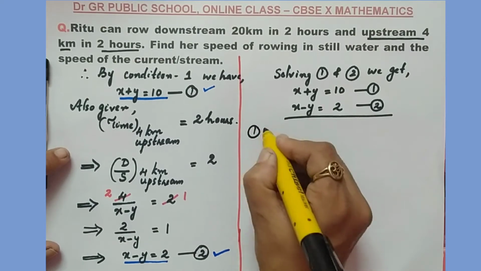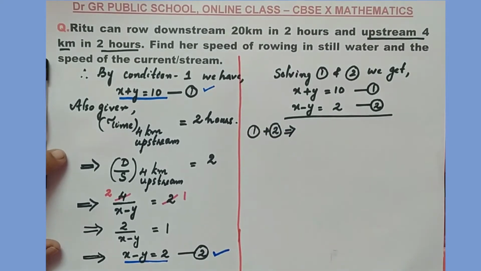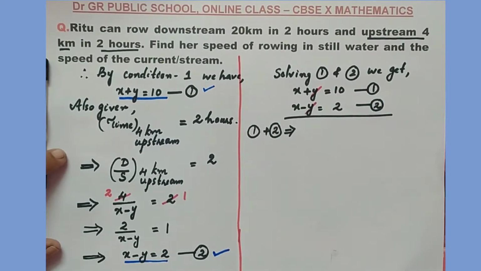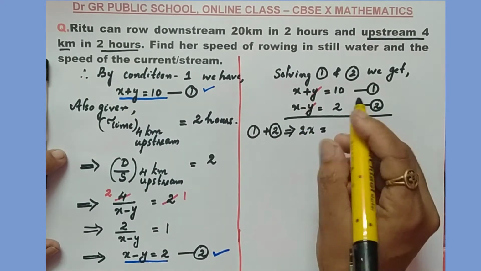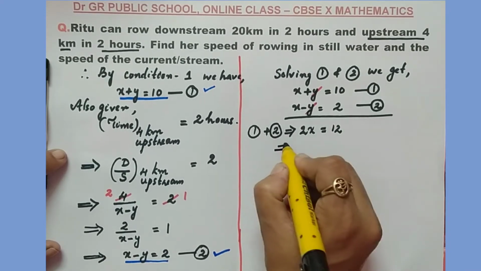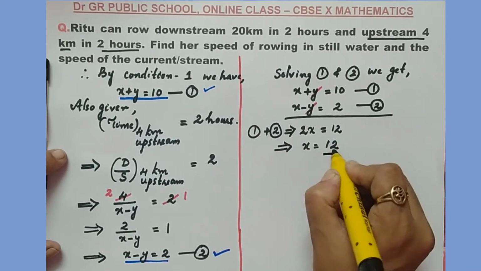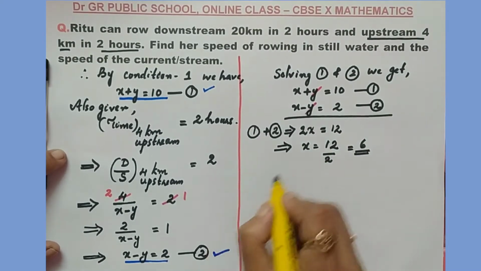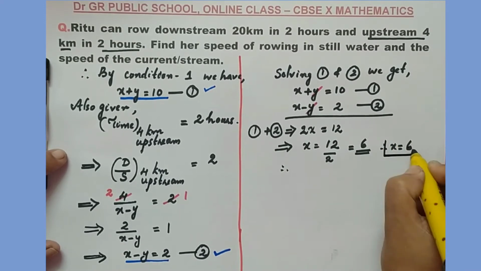Adding equation 1 plus equation 2, plus y cancels with minus y. The remaining is x plus x, which is 2x, equals 10 plus 2, which is 12. So 2x equals 12; multiplication by 2 goes to the right side and becomes division. So x equals 6.